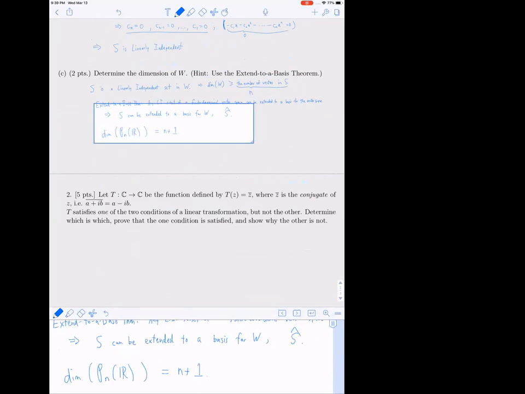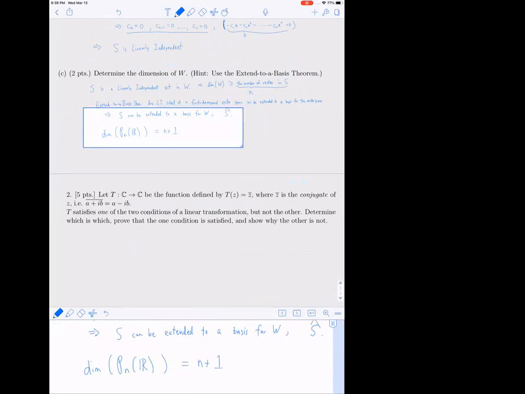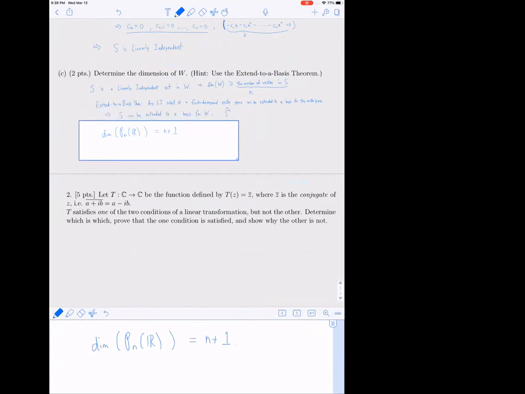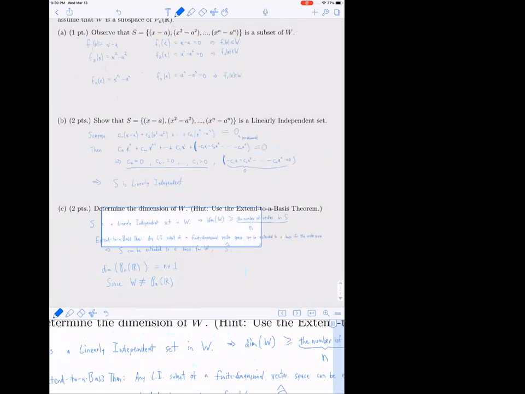But I guess there can't be n plus 1 vectors there, or else we'd have a basis for this entire vector space. So since W is not the same as this entire vector space, let's think about that for a moment.